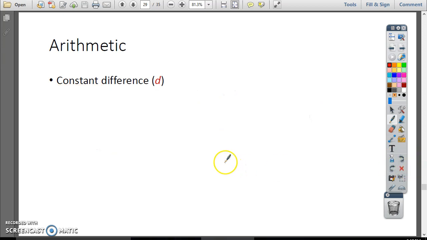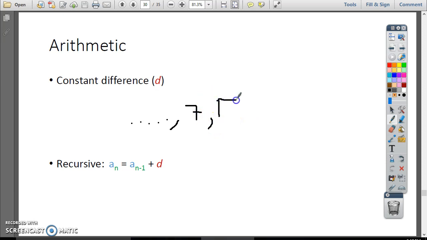Okay? And the recursive formula is pretty straightforward. All you do to get to the term you want is take the previous term and add the difference. So maybe we have, this is where it gets kind of messy. Let's say you have a sequence and you don't know what it looks like beforehand, but you do know that one of the terms is 7. And you want to find this next term here.